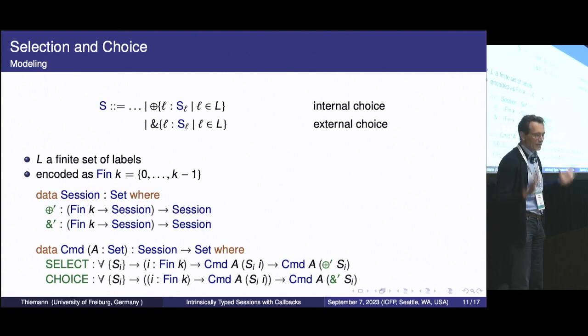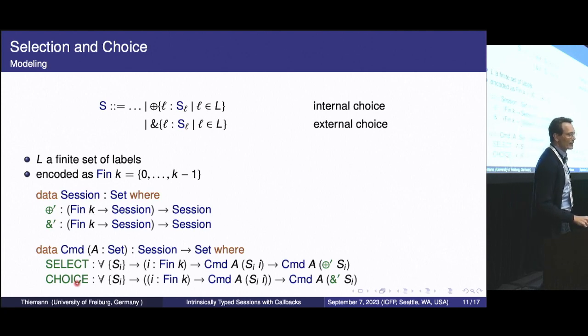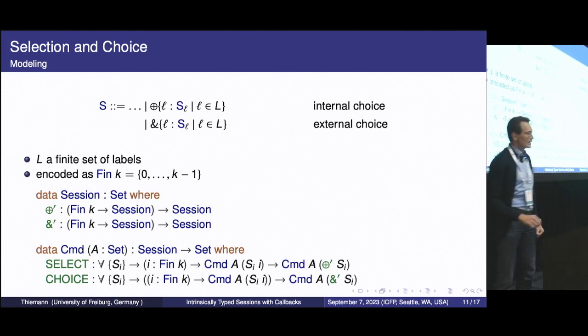Other encodings are possible, but they break the strict positivity of the type, so you don't really like them that much. So what do the commands look like? Well, the select and choice, if you don't look careful enough, they look extremely similar, but the difference is just a single bracket.